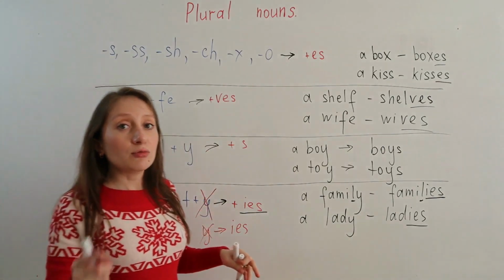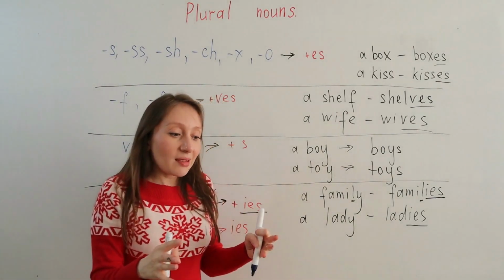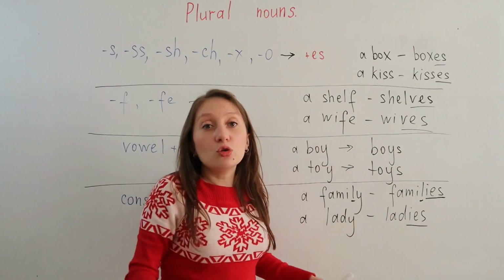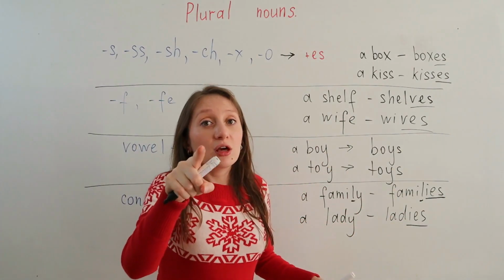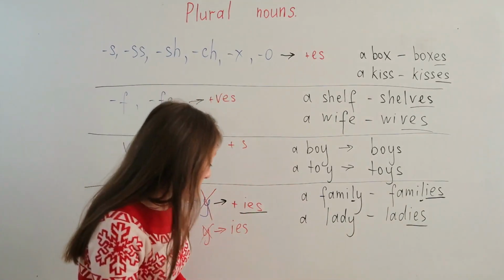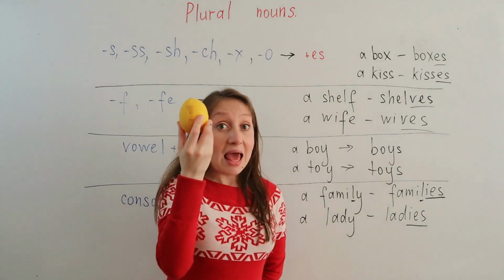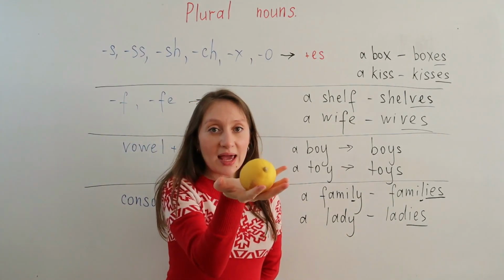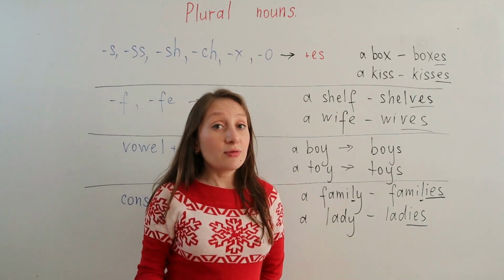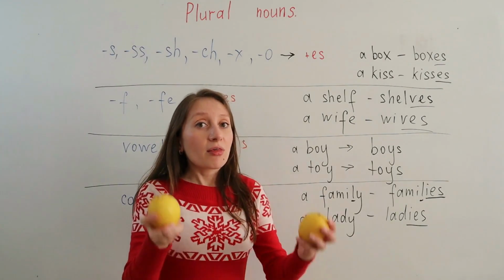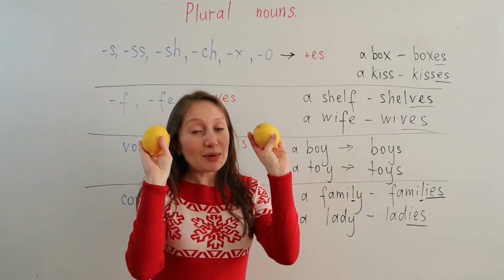Plural forms. And remember, if you want to say that there is something somewhere, you start the sentence with there is, there are, right? As you can see, for example, there is a lemon in my hand, right? There is one lemon in my hand. And there are lemons.